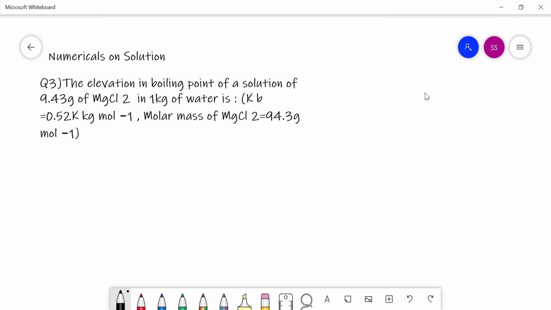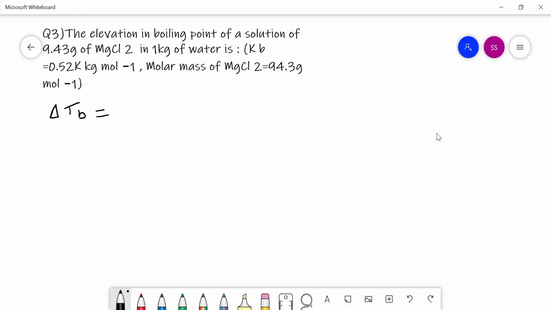The elevation in boiling point of a solution of 9.43 gram of MgCl2 in 1 kg of water is asked. The ebullioscopic constant of water is 0.52 and molar mass of MgCl2 is 94.3 grams per mole.